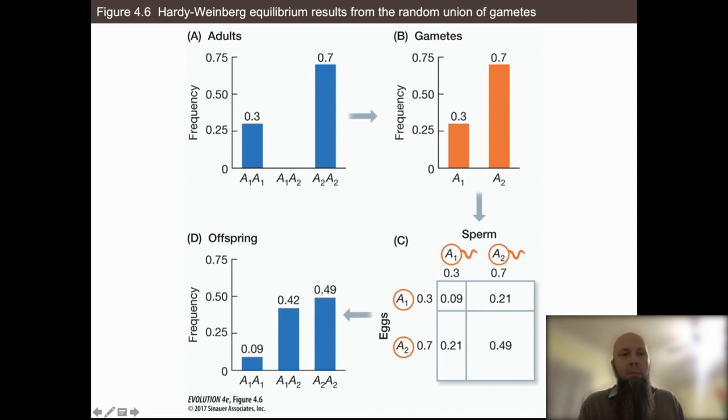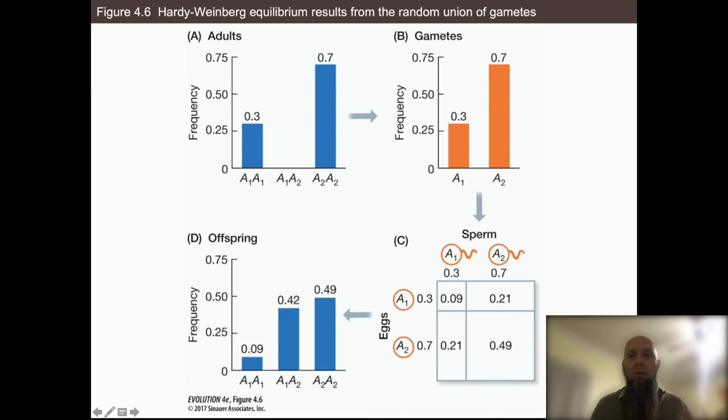If you think about what you see in the bottom right in C, these allele frequencies can be used, using the product rule of probability, to calculate expected genotype frequencies. In this instance, there are only three possible genotypes, and there are two alleles that create all three of those possibilities. We use their frequencies to determine, if a random male and female from this population get together and have one offspring, what's the probability that that offspring gets an A1 from one parent and an A1 from the other parent?